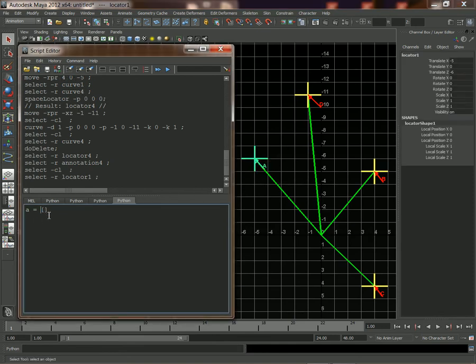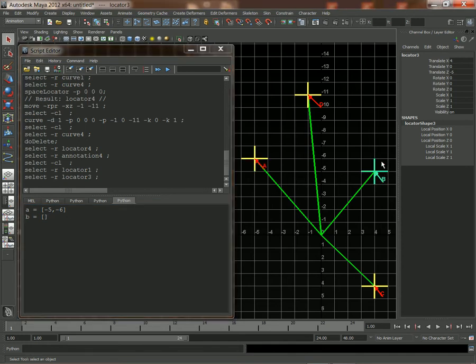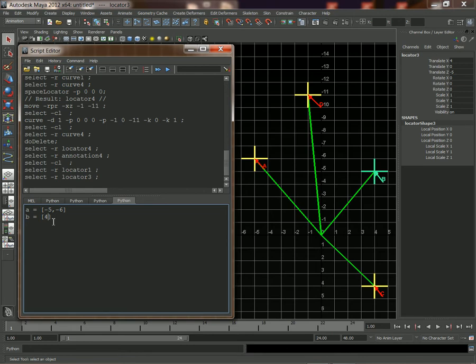So for A, I'll make a list and say that AX is -5 and AZ is -6. So if you look over here, we have X and Z for the position of point A. And then point B, look at that, the translate X is 4, and the translate Z is -5.